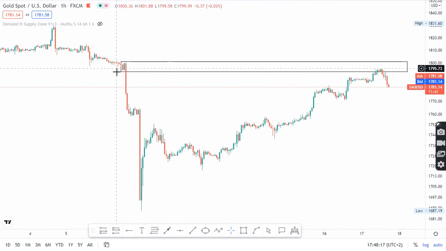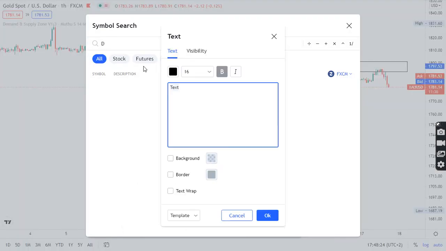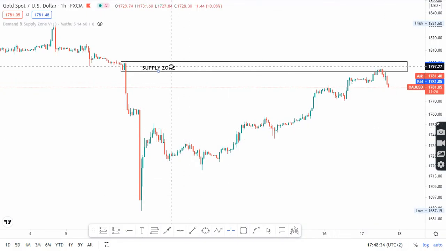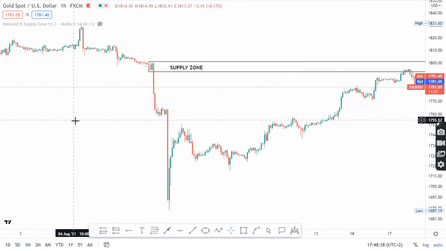Once you do that, just make sure you label this as your supply zone. So this is my initial supply zone. This is where we had a big bearish move, sorry, I said bullish. So what do you do from here? Again, I'll look to my left.